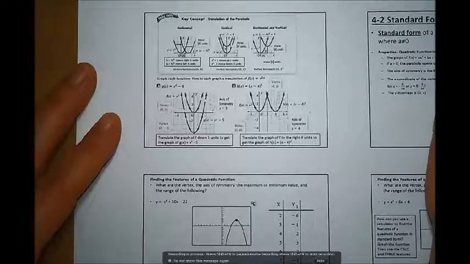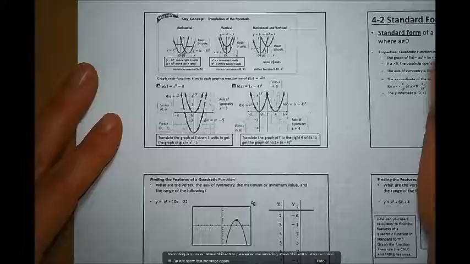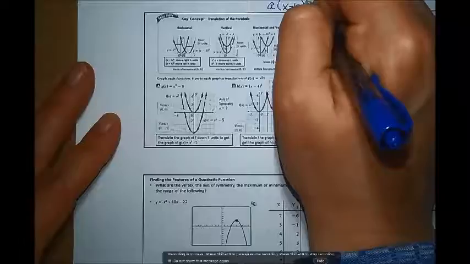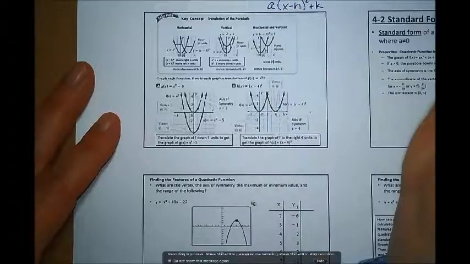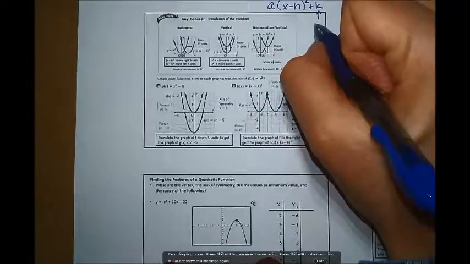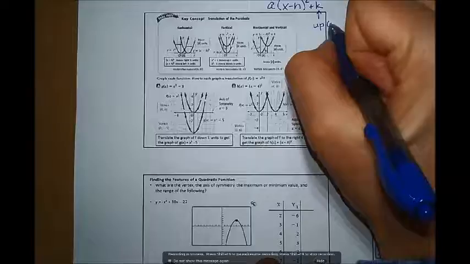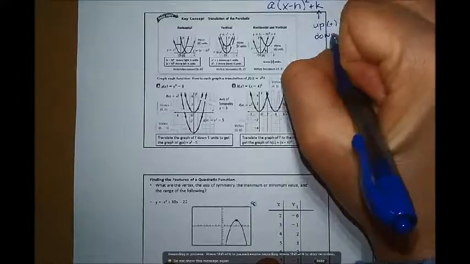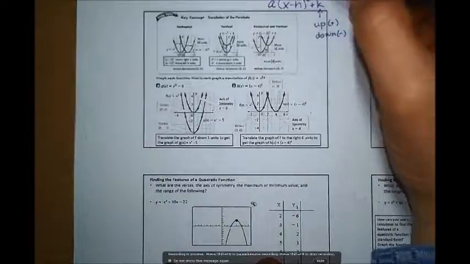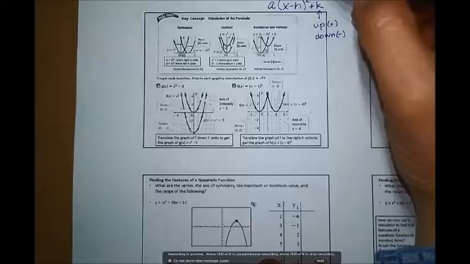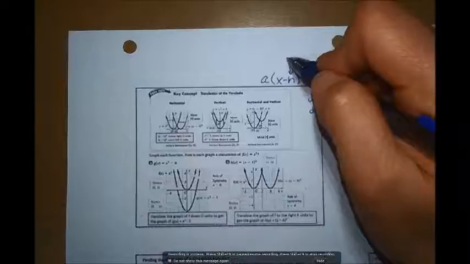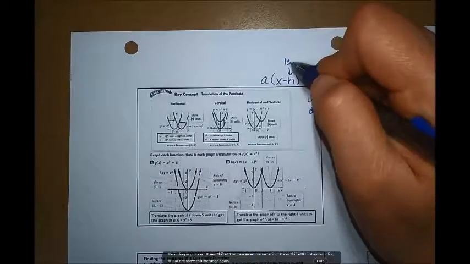Vertex form of the equation is a times (x minus h) squared plus k. k will move you up if it's positive and down if it's negative. h, let me move us down here so we can see this a little better, will go left if it's positive and right if it's negative.